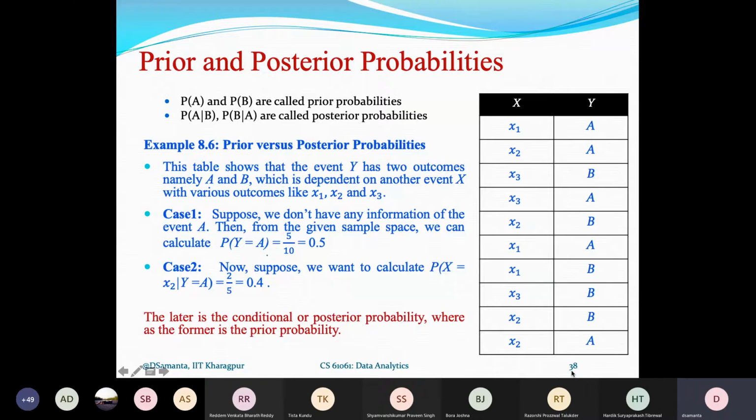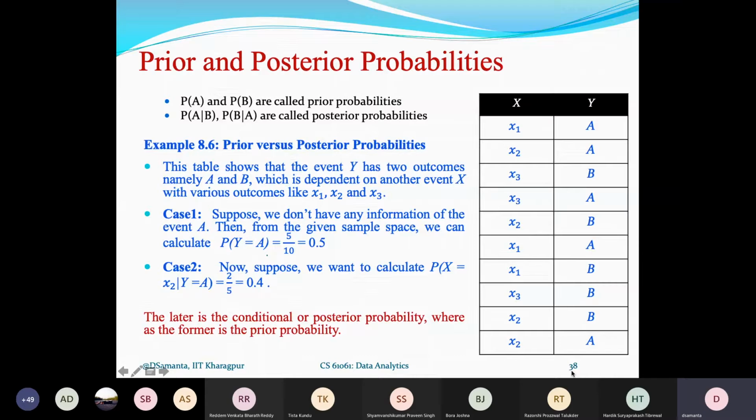PA denotes the probability that a record has class label A. Similarly, PB is the probability that a record you choose from this table is B. You can easily calculate PA and PB from the table itself.